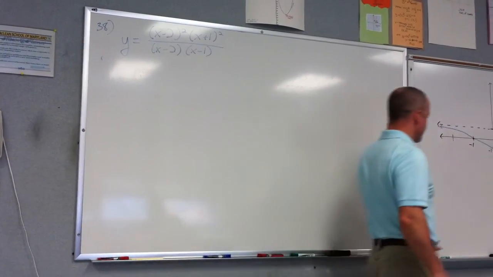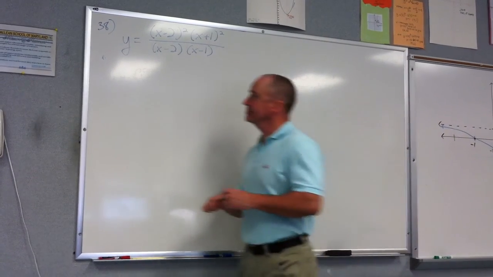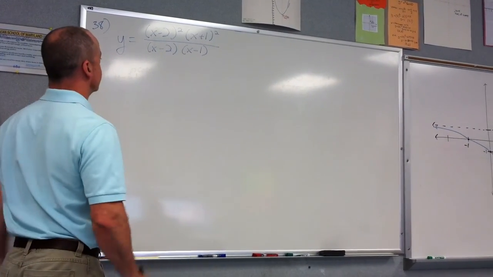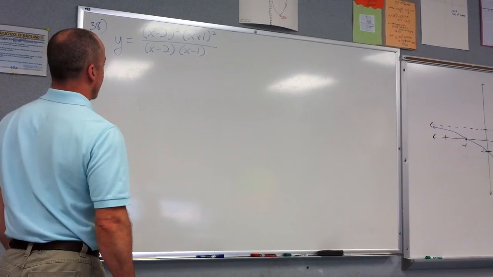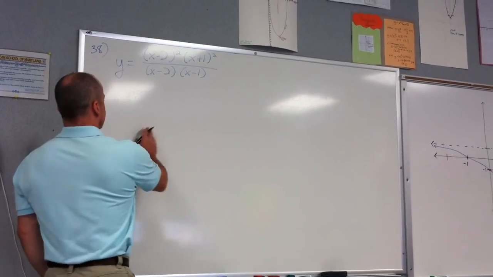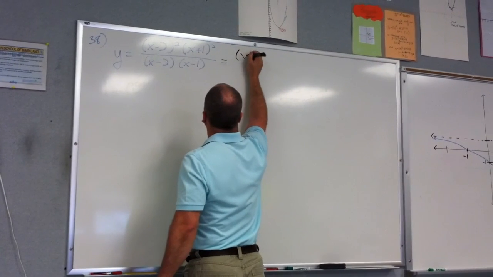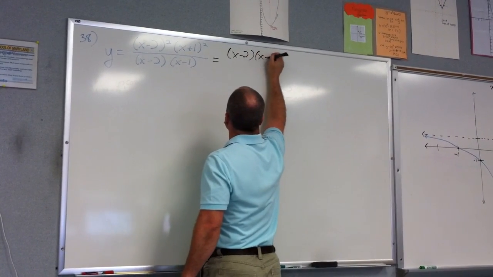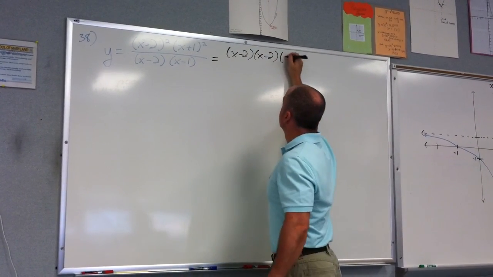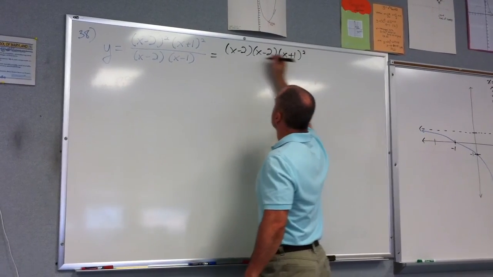I FOILed everything out, and then I realized that was probably the dumbest thing I could have done. It might have helped you in one way, to see that it was a slant asymptote.